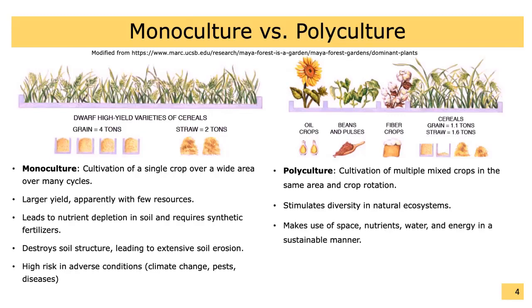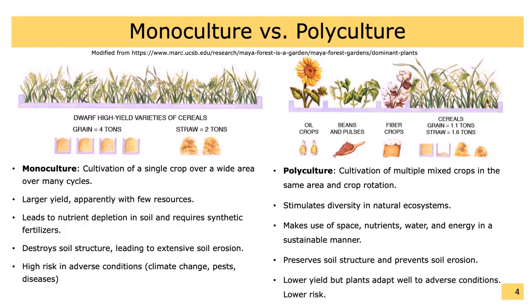It also helps make use of space, nutrient, water, and energy in a sustainable manner. Polyculture helps preserve soil structure and prevents soil erosion. It gives lower yield compared to monoculture, but plants adapt well to adverse conditions, therefore lower risk.